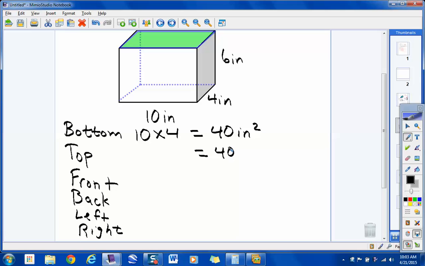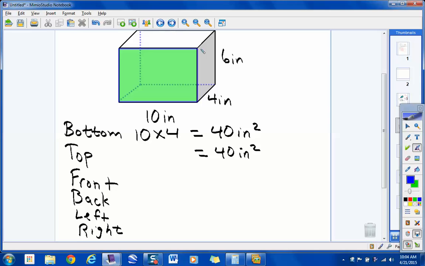All right, so let's get rid of this bottom and top stuff. Let's talk about the front and the back. So here's my front side. This is where things get kind of difficult for kids at times, visualizing the distances.